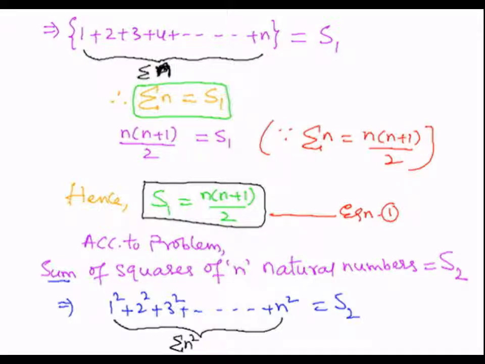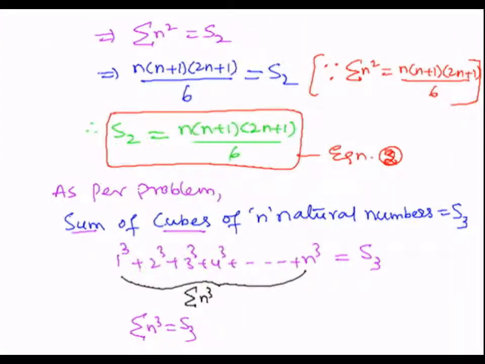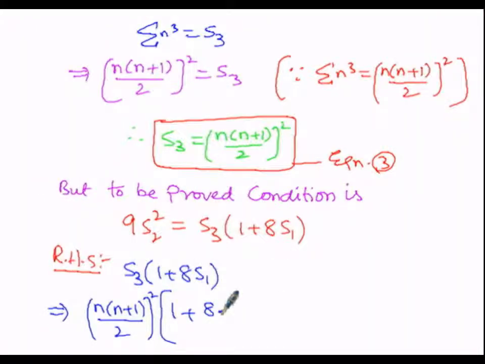So it must be replaced in the place of S1. So 8 into n into n plus 1 overall divided by 2. But here the denominator 2 and the numerator 8 get cancelled because of the into symbol in between. So 2 ones in the denominator and 2 fours in the numerator. So 4 into n is 4n multiplied with n plus 1.